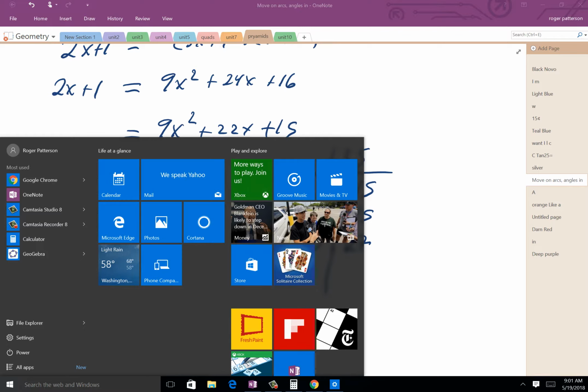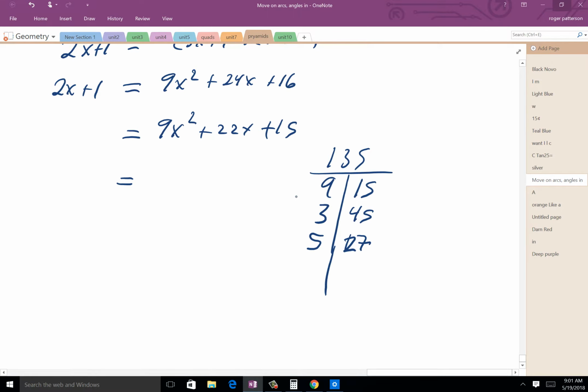Y equals 9x squared plus 22x plus 15. Uh-oh, doesn't have an answer. It's too far up. We're looking for x-intercepts, don't have an answer. So, there's a perfect example of one that doesn't have an answer.